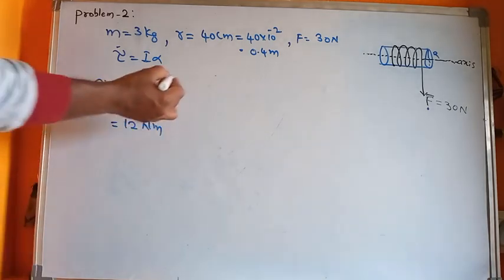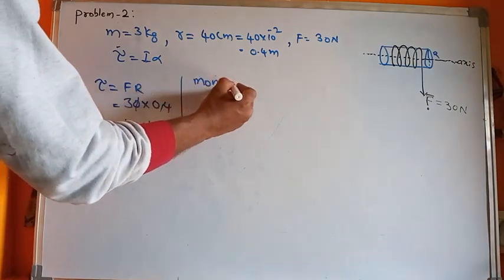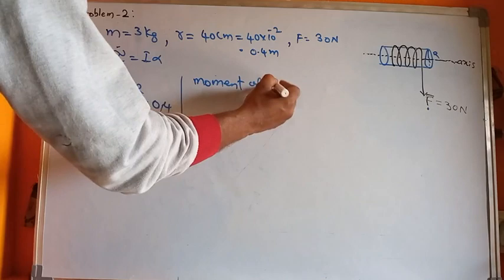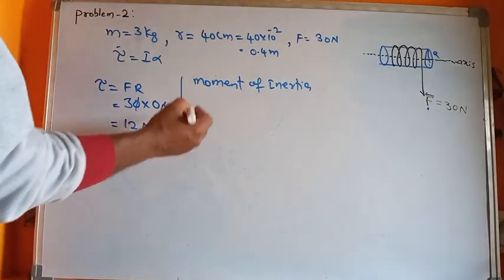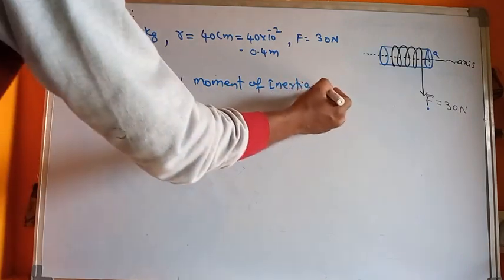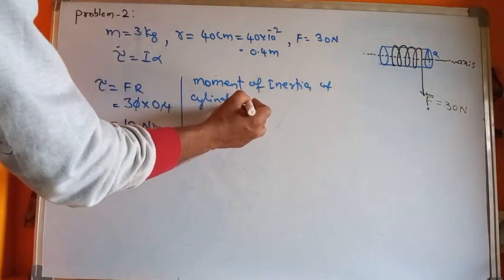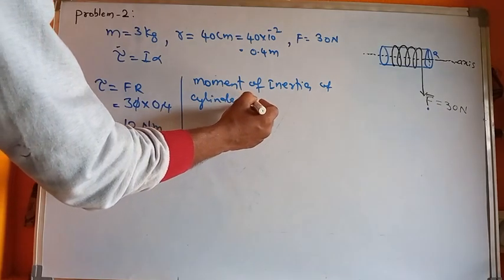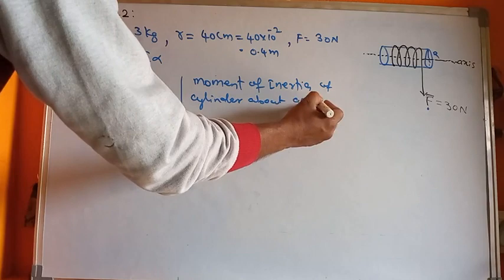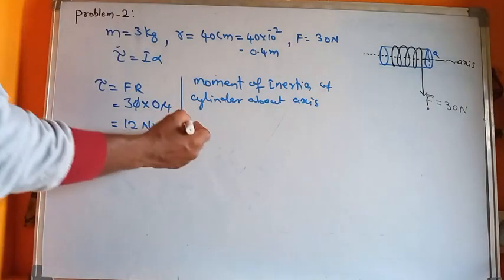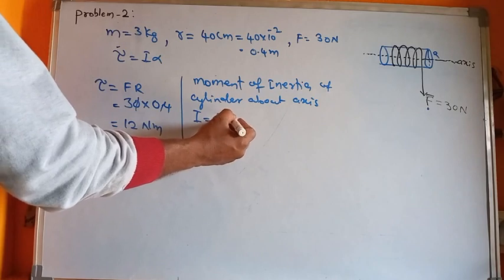Like that, the moment of inertia of the cylinder about the axis. It is a hollow cylinder. For that, the moment of inertia I is equal to mr square.